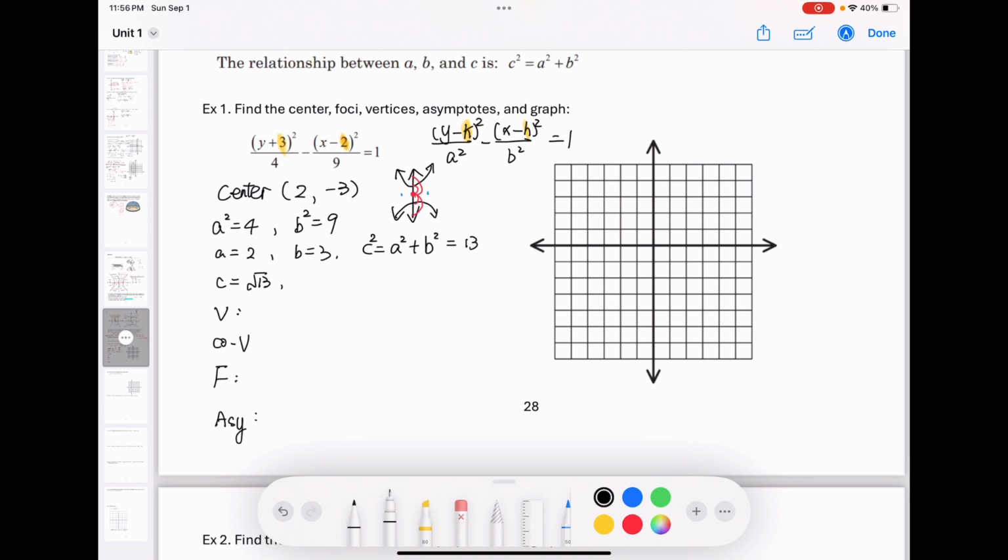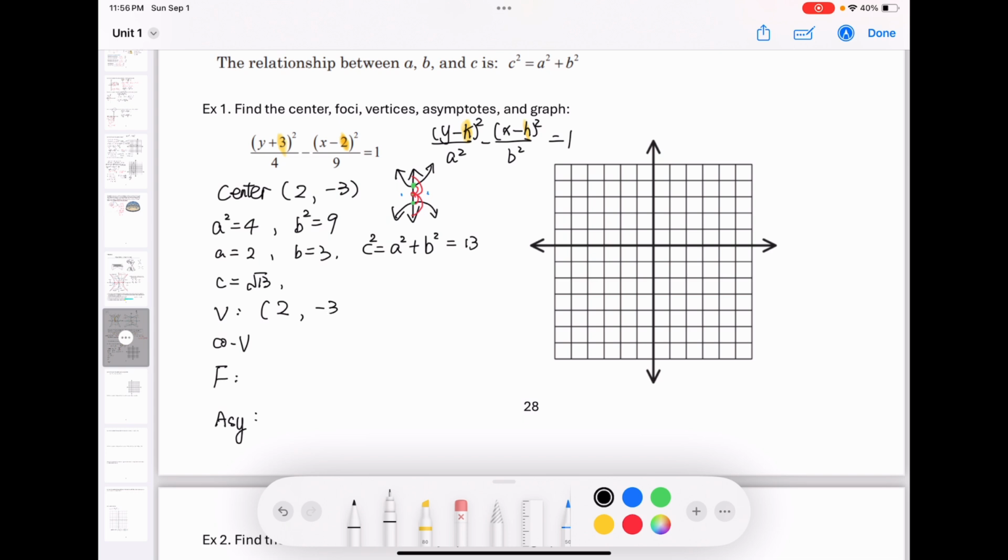Okay, vertices. So the vertices on my sketch are based on the center, going up and down a unit. Going up and down, the x value didn't change, so we copy the x value from the center, which is 2.